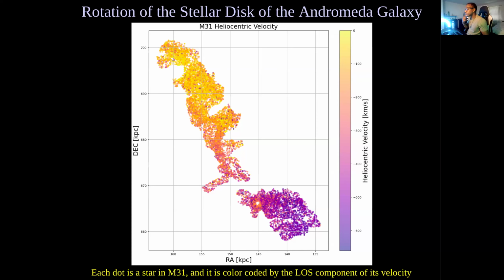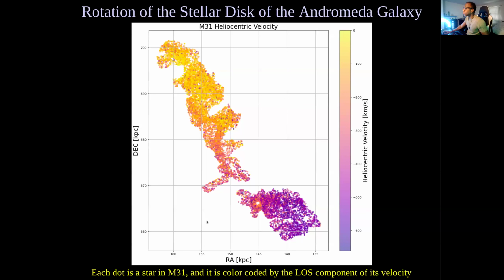But if you pick a velocity that's stationary with respect to the center of the galaxy, like we saw with negative 700 and plus 100, you will see the rotation. You will see a redshifted portion and a blueshifted portion. Yeah, back to you, Lucas.